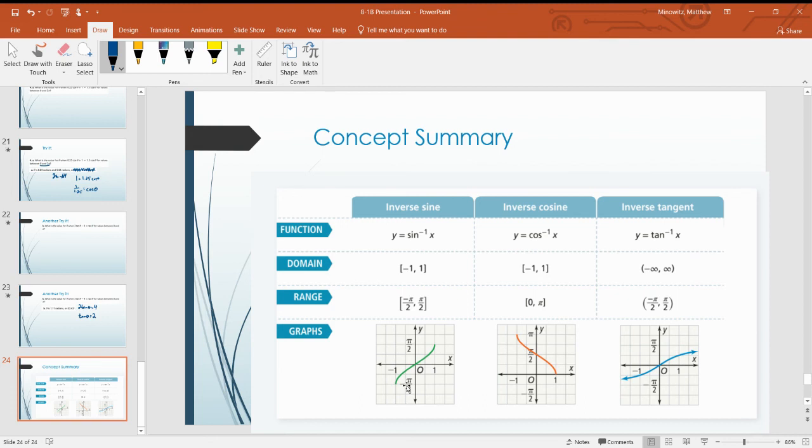Now we just need to remember our calculator for sine is either going to give us a first quadrant or a fourth quadrant angle, so somewhere between negative pi over 2 and pi over 2, so somewhere on the right side of the unit circle. Inverse cosine is going to give us somewhere in quadrants 1 or 2 between 0 and pi. And tangent is like sine, where it gives us between negative pi over 2 and pi over 2.